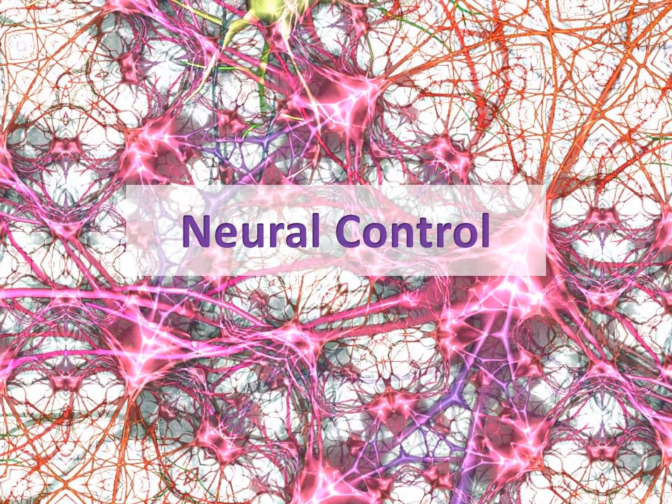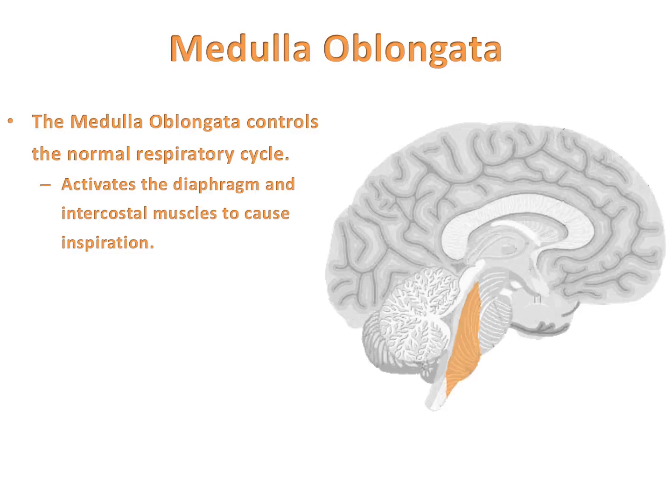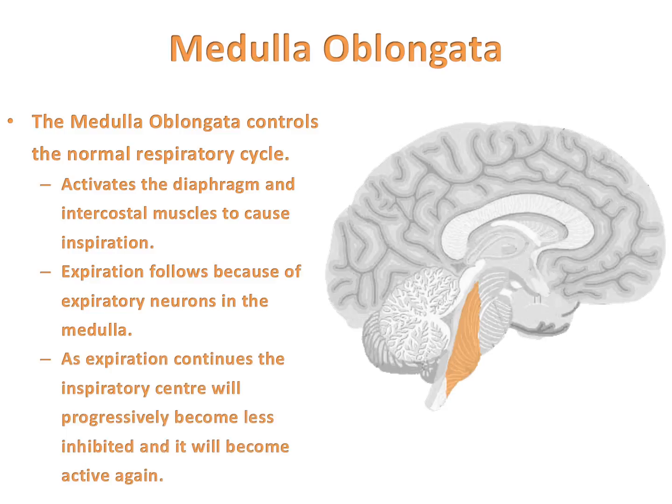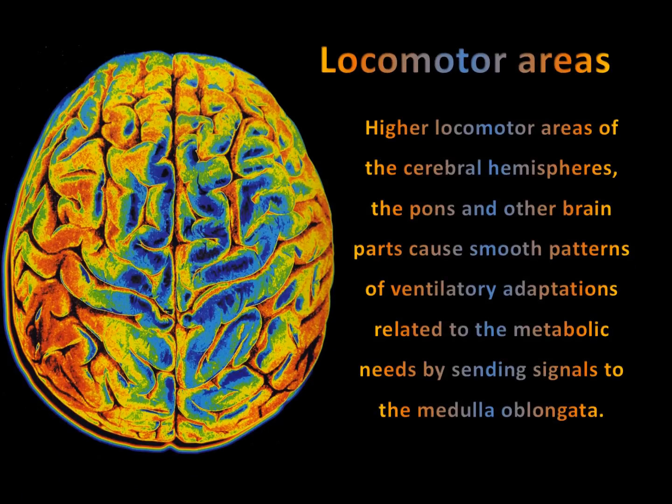Let us first discuss the neural control of ventilation. The medulla oblongata controls the normal respiratory cycle of inspiration and expiration. Higher brain centers produce a smooth pattern of ventilation.